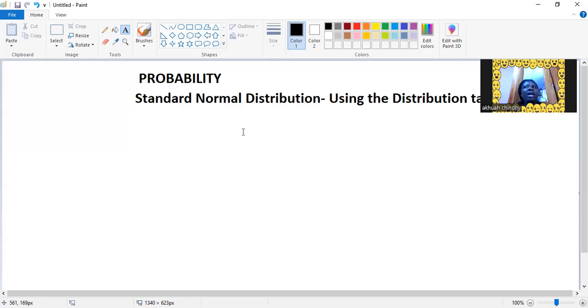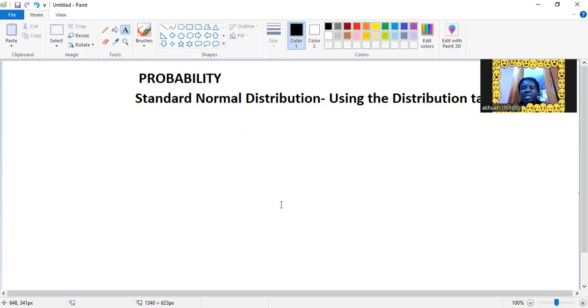Probability is just assigning values to certain situations which we are not very sure of whether they will occur or not occur. So a probability of 0 means that event will not occur, but a probability of 1 means that event will occur. Today I just want us to look at how to read the probability table.